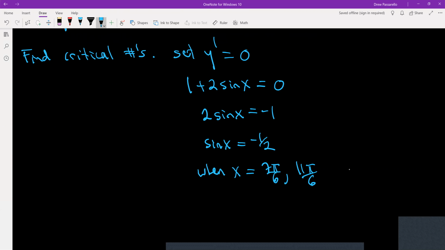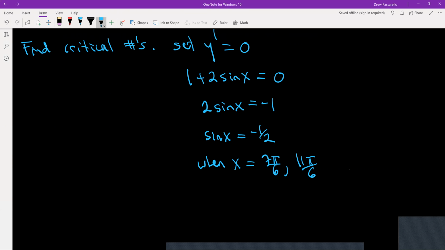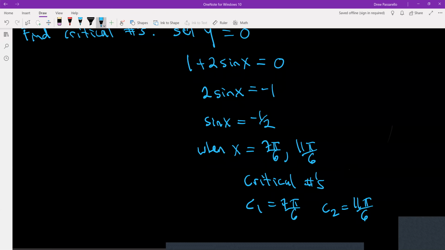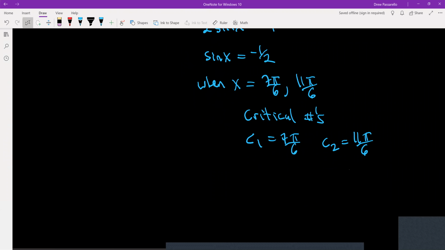And since our domain is restricted between 0 and 2 pi, these are the critical numbers. So I'll call the first one C1, 7 pi over 6, and then C2 is 11 pi over 6. All right, so I found the critical numbers. Now I need to determine the intervals.